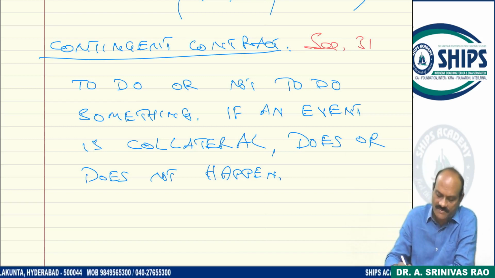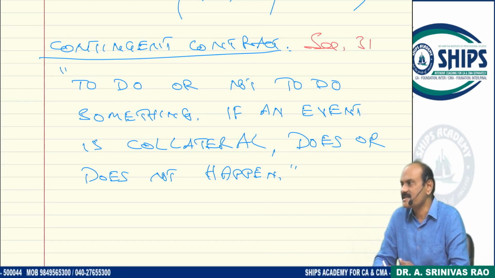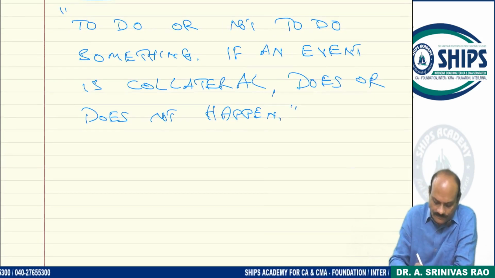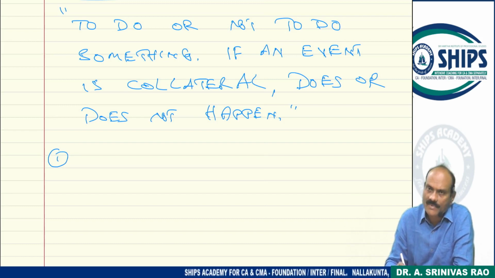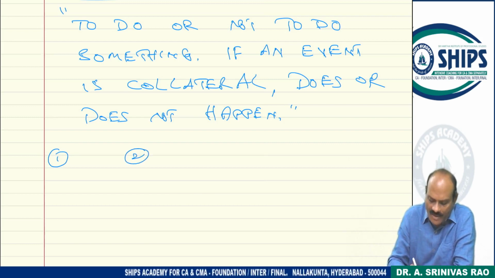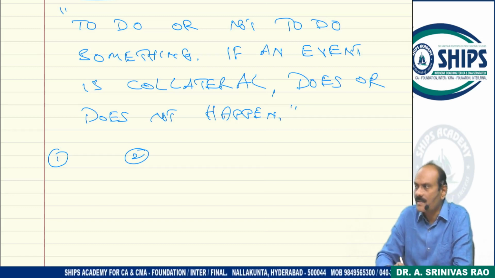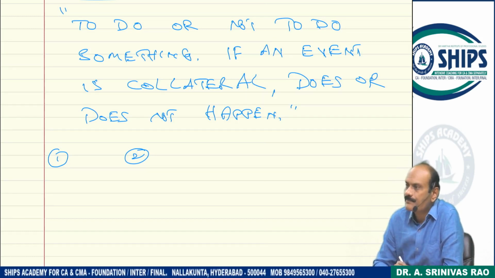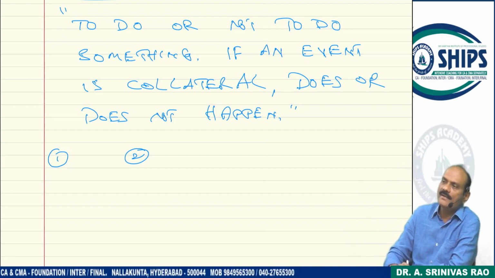Read the essentials. Essentials of contingent contract. What are the essentials? Write one by one. First one: there are two persons, at least, minimum. Second, there must be an uncertain future event.